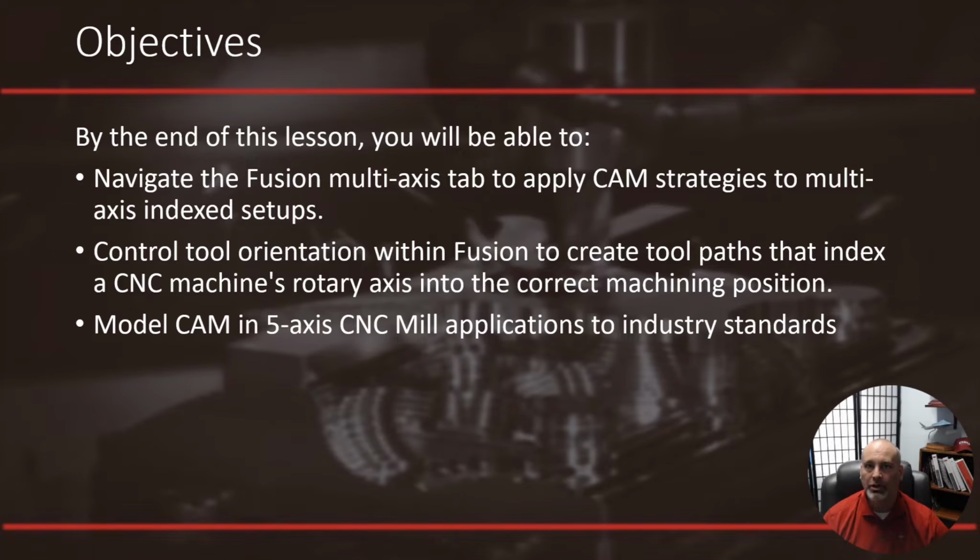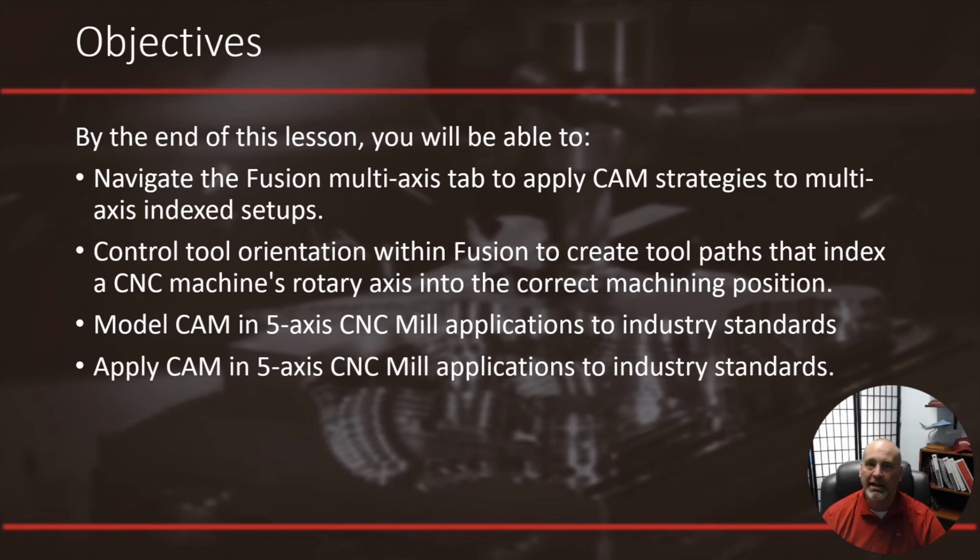You'll also be able to model CAM in 5-axis CNC mill applications to industry standards and apply CAM in 5-axis CNC milling applications to industry standards through the laboratory and programming exercises.